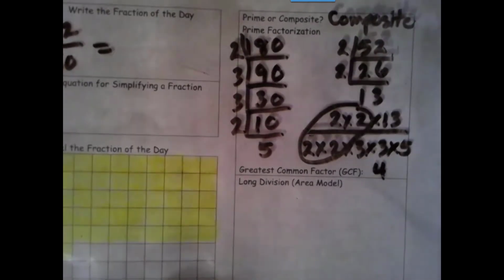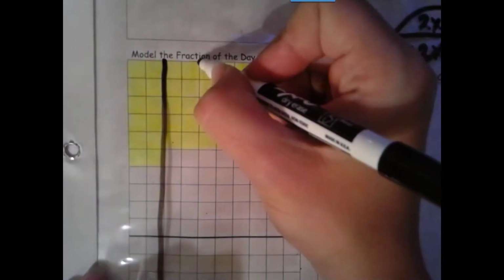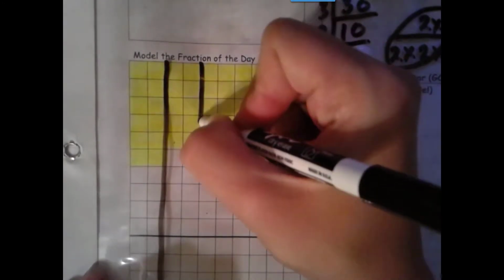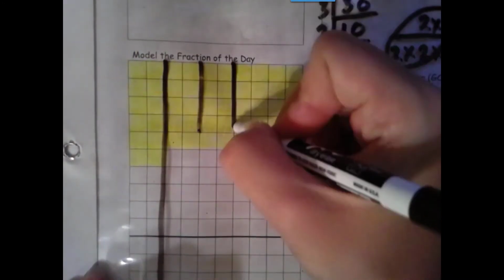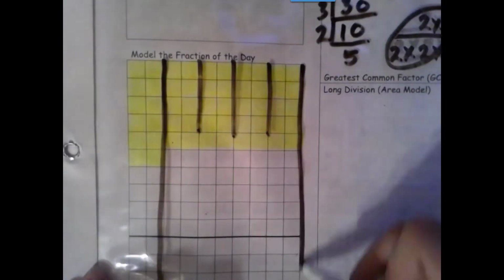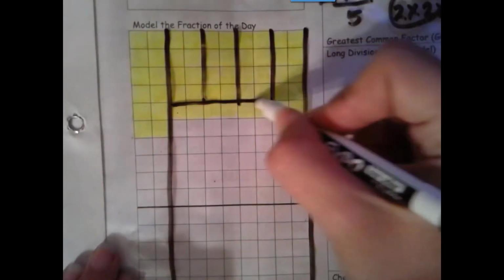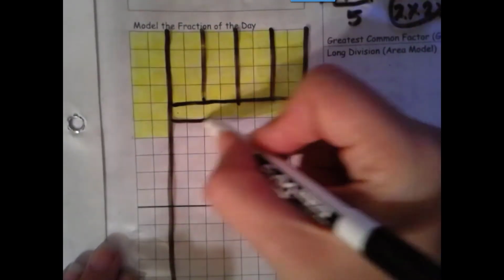So let's go ahead and make our groups of 4. Remember, your groups do not have to look like mine, but they do have to have 4 in each.